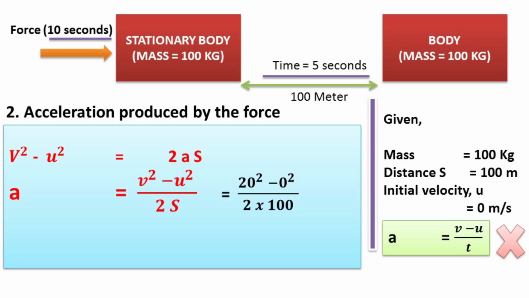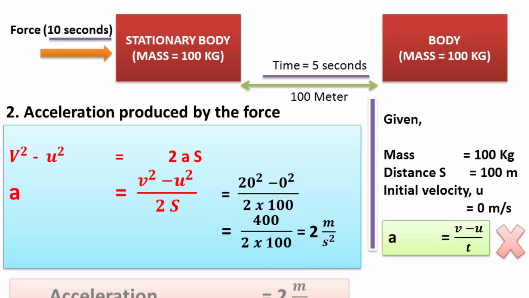Substituting these values, we get a is equal to 20 square minus 0 square divided by 2 into 100, which is equal to 400 divided by 200, that is equal to 2 meter per second square. So acceleration is equal to 2 meter per second square.